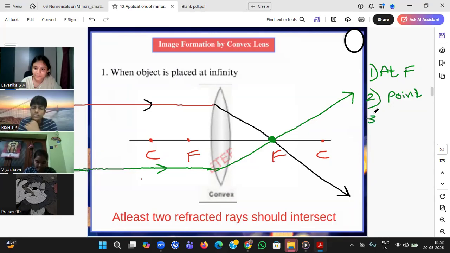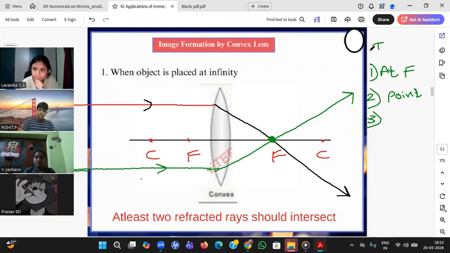And third one. Is it real or virtual? Sir, it is virtual. Okay. You see, real rays came, real rays refracted. So these two things are nothing but refracted rays.